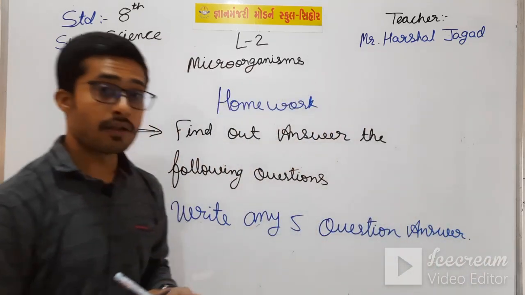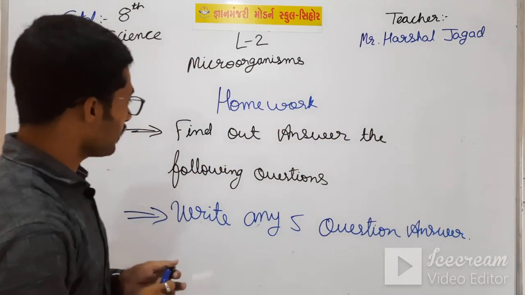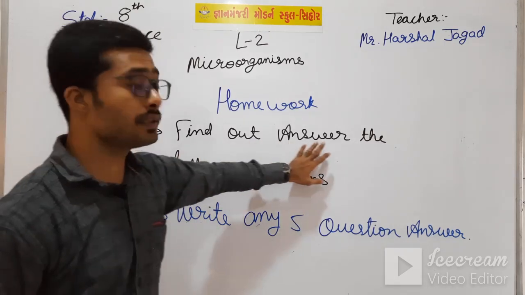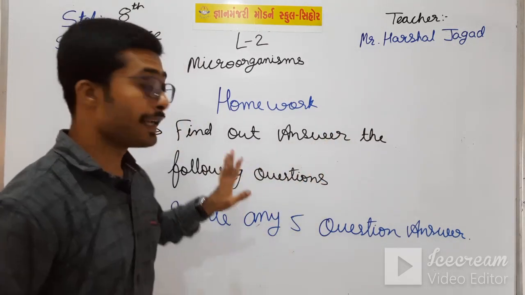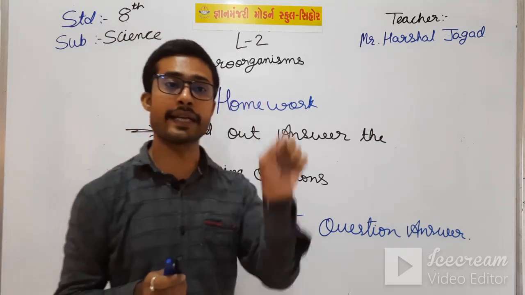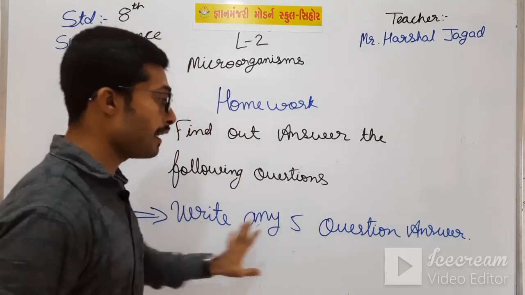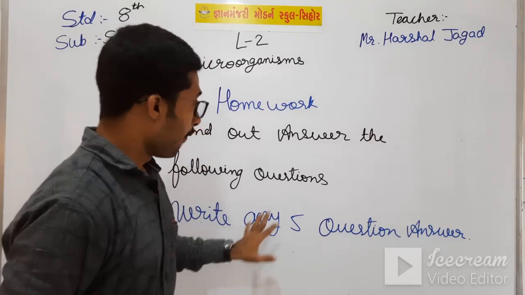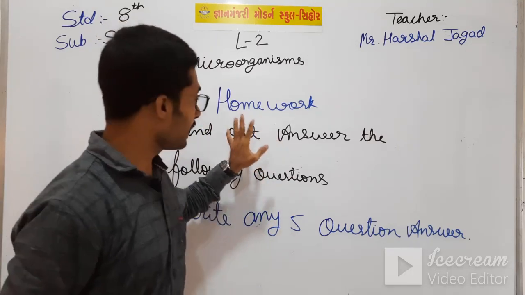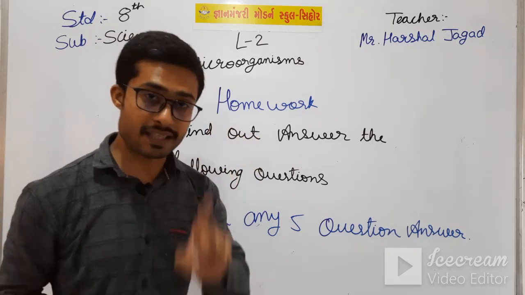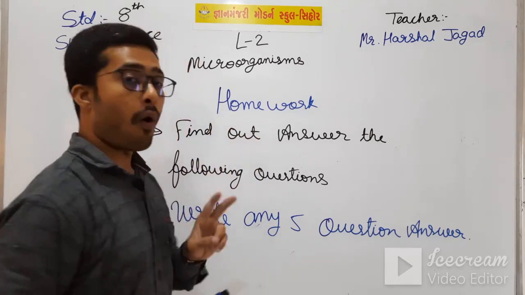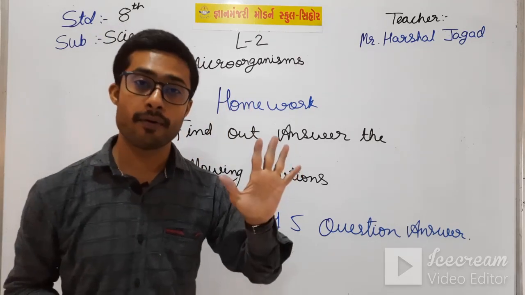Okay students, so your first task is to find out all the question answers in the textbook, and then write any 5. First of all, find out all the 15 question answers from your textbook, and then you only have to write any 5.